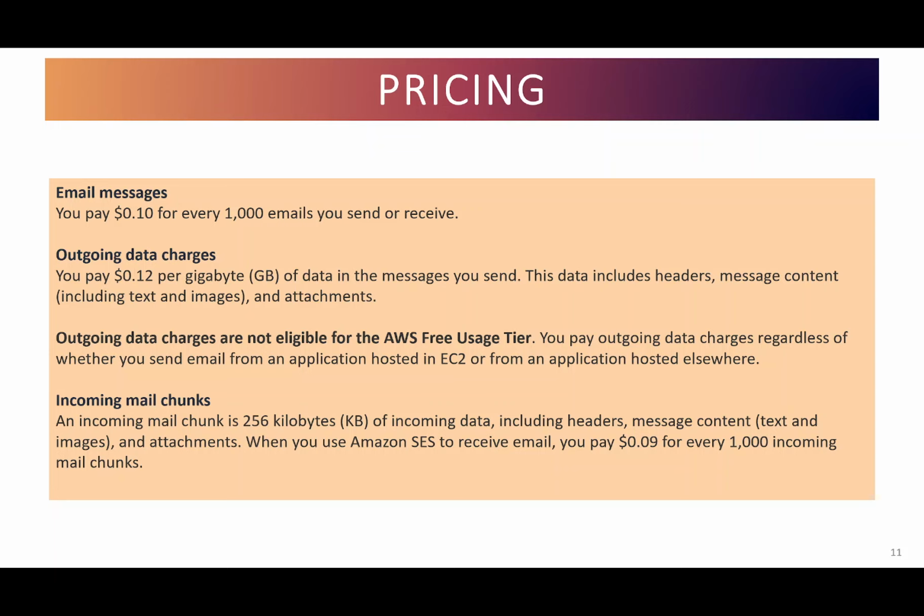Also, on the incoming mail chunks, an incoming mail chunk is 256 kilobytes of incoming data, including headers, message content, text or images, and attachments. When you use Amazon SES to receive email, you pay $0.09, which is 9 cents, for every 1,000 incoming mail chunks.